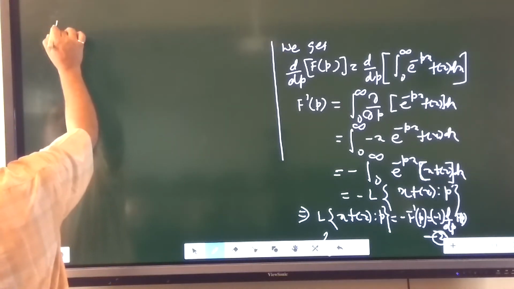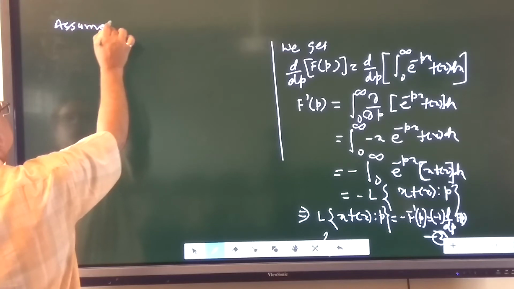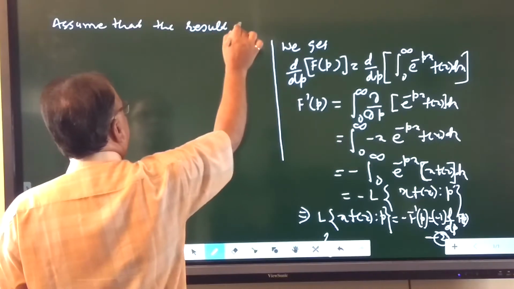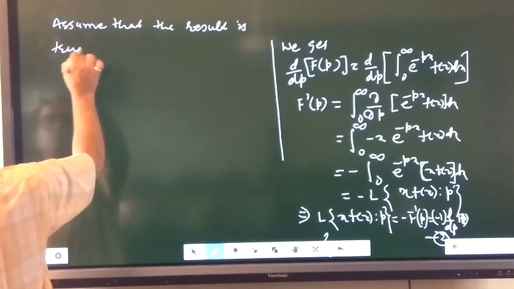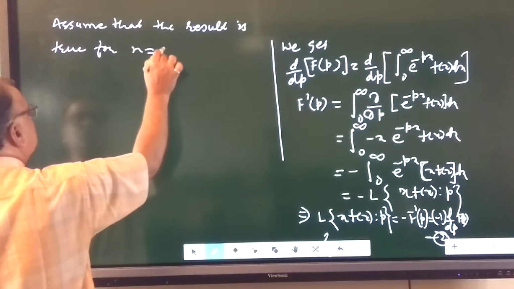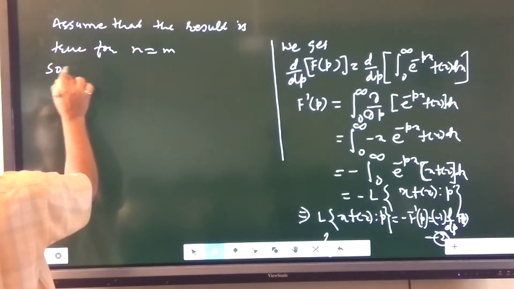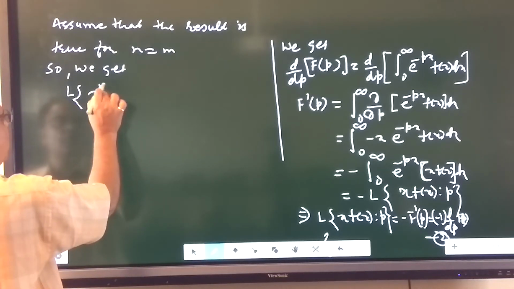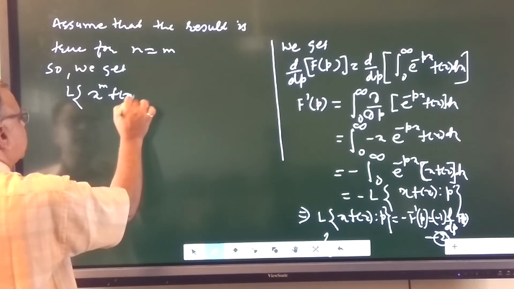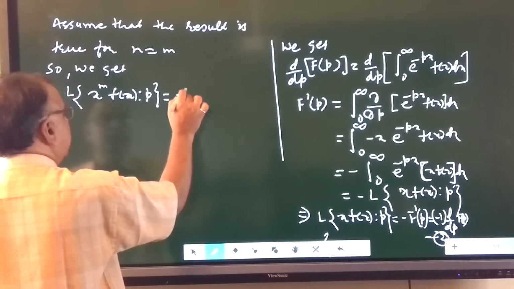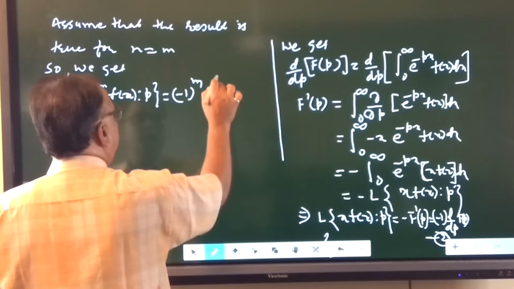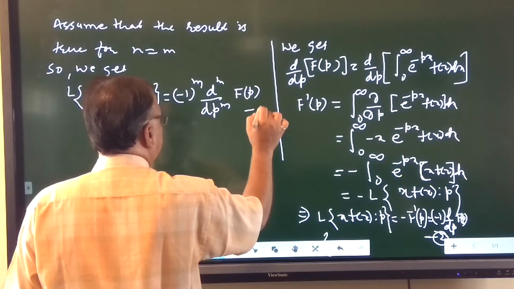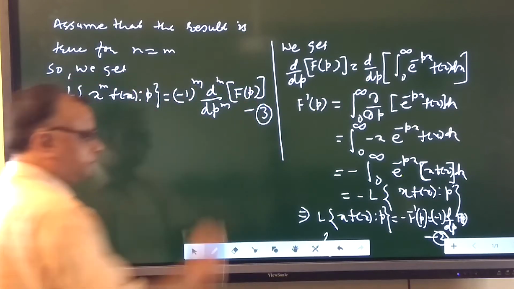So assume that the result is true for n equals m. So we get the Laplace transformation of x raised to m f(x) with respect to p is equal to minus 1 raised to m d^m upon dp^m of F(p), equation 3.